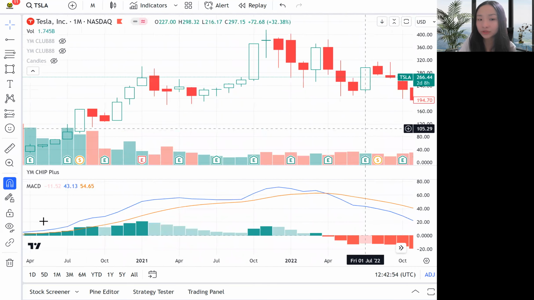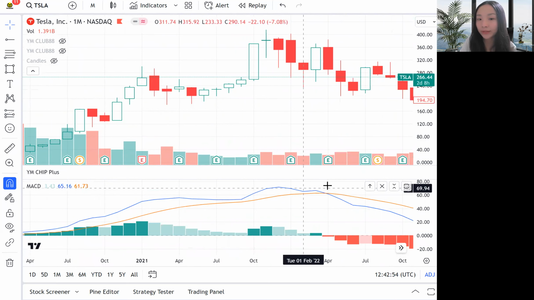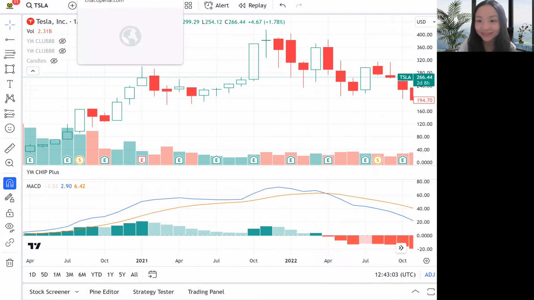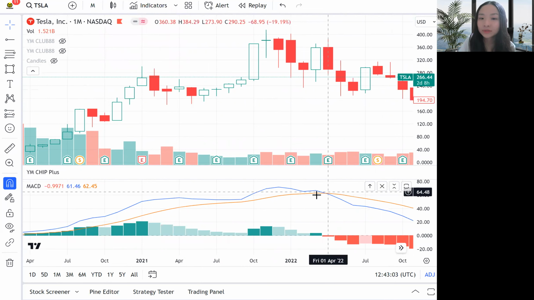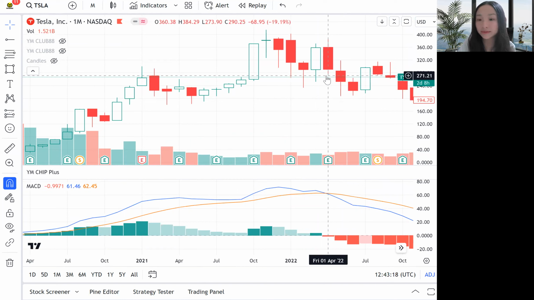If you just use the golden cross to buy, and when a death cross happens you sell, you make crazy profits already. This is just one chart, one indicator, so easy. You sell here when the red bar happens and the death cross happens. Even if you sell at the lowest price, you bought at 24 and sell at 273.